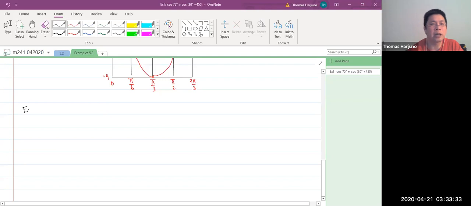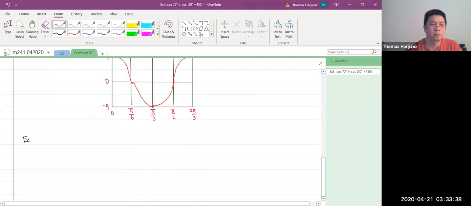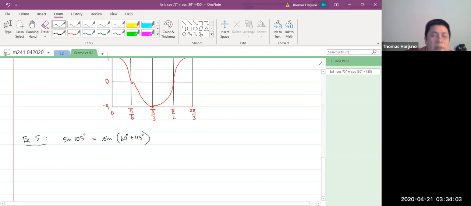Now let's see an example. I think it's example 5. Now, I want you to try this: sine of 105 degrees. Sine 105 degrees can be rewritten as sine of 60 degrees plus 45 degrees. Let me give you 2 minutes to compute this.